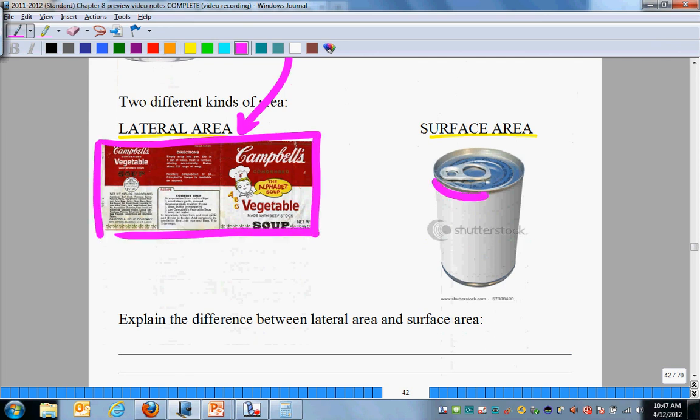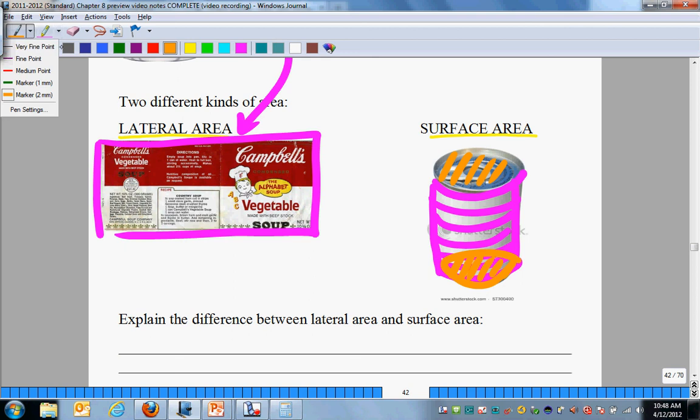So imagine if we were to put this label back on and wrap it around, that would be what's called lateral area. But underneath the lateral area is the aluminum, and then here, imagine, surface area has to include this top and bottom base. So lateral area is actually included in the surface area.